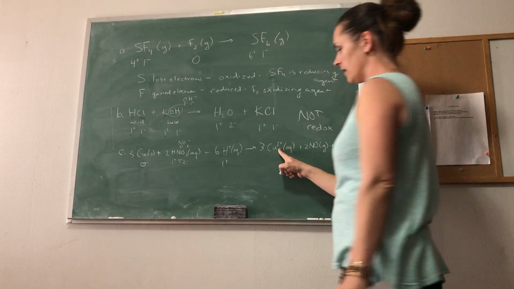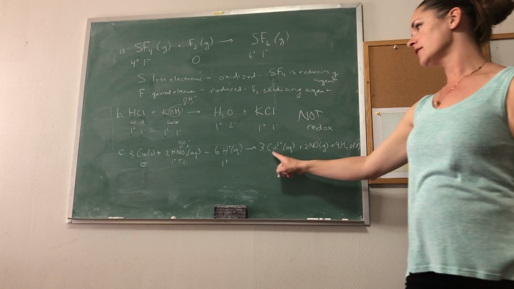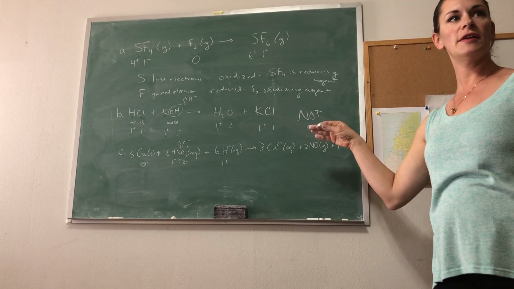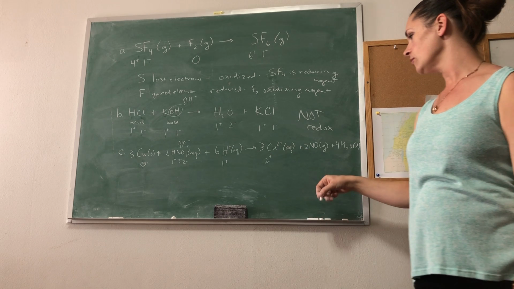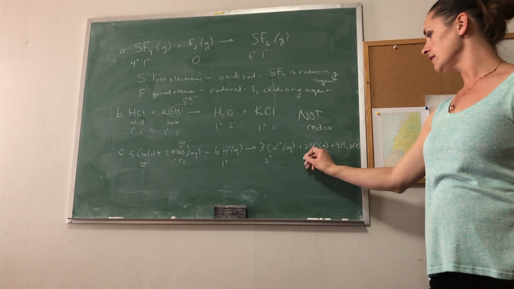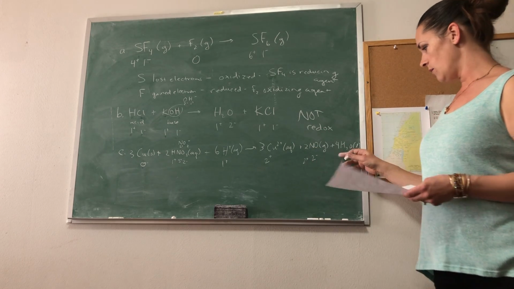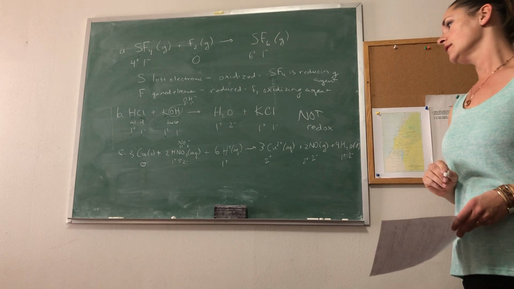Now here we have a copper ion. Whatever was bonded here would have gone over here as the spectator ion, right? So this is given as 2 plus. Oxygen is 2 minus, right? To balance that, we need a 2 plus. And then water, this is a 1 plus and a 2 minus.